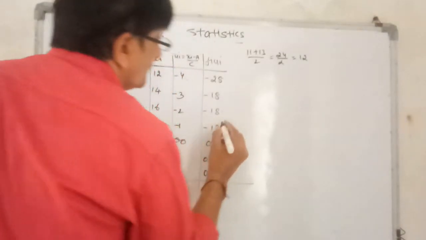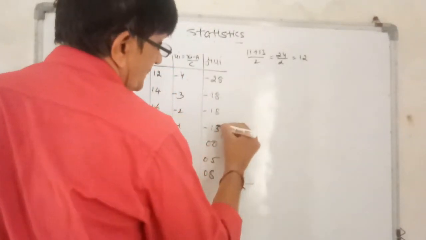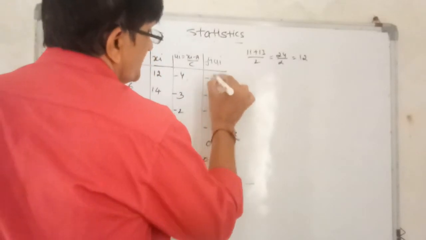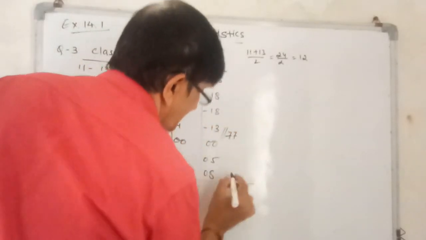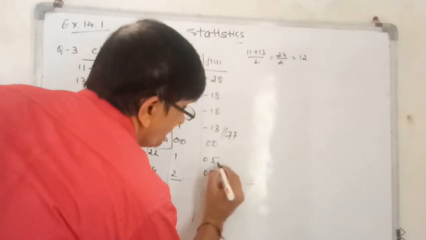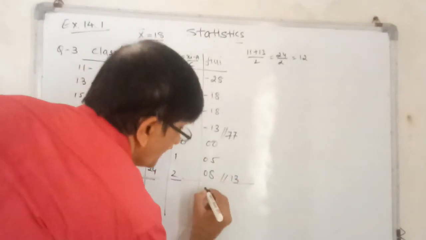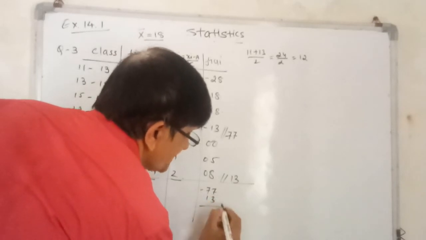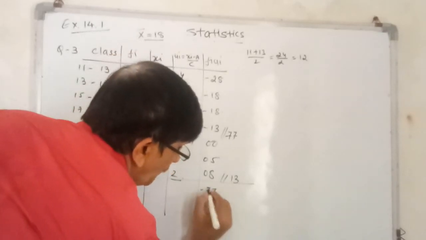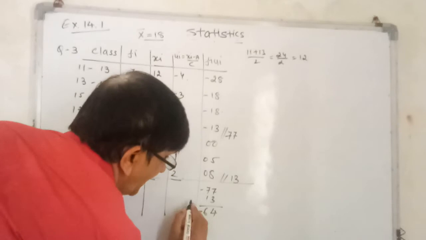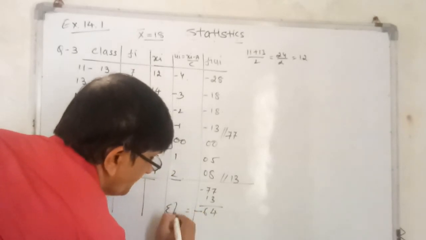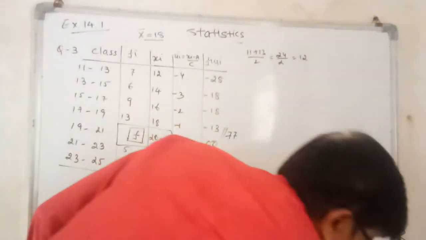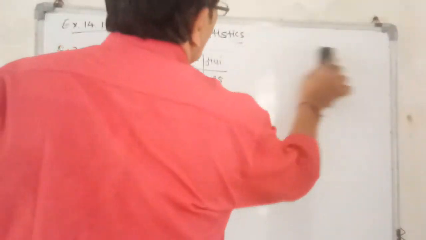Now add the negative numbers, it is -77, and positive is 13. So -77 plus 13, it is -64. That is your sigma fiui. We can get a positive or negative number as sigma fiui.